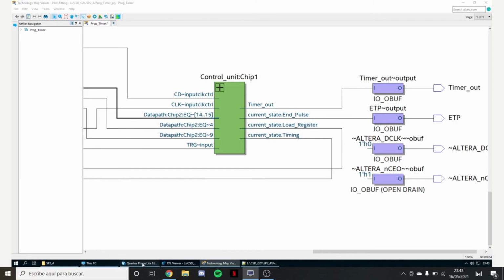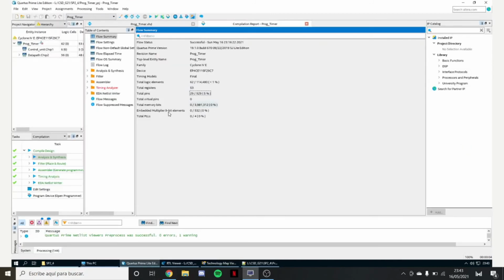So next I'm going to show that the circuit works correctly and the result is the expected, because we have here total registers 53, and that means that we have 53 flip-flops, so this is correct.